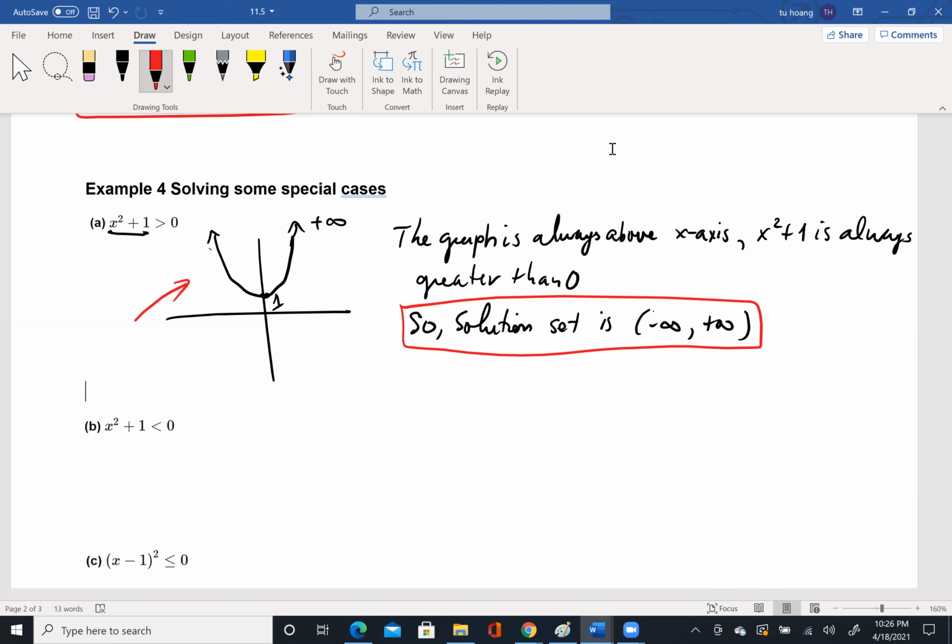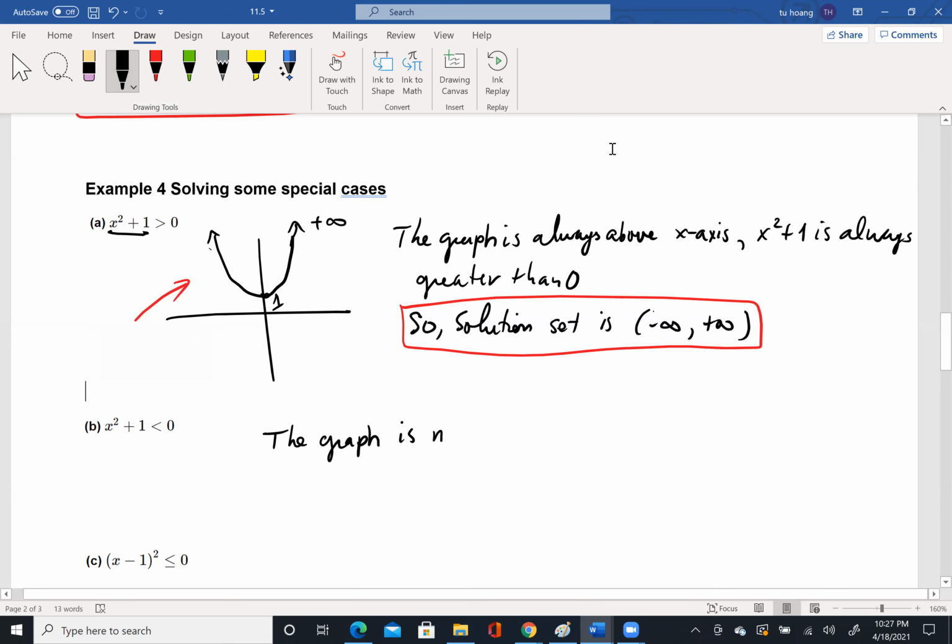The graph is never below like this. So I'm going to say the graph is never below, because what we need is below the x-axis.